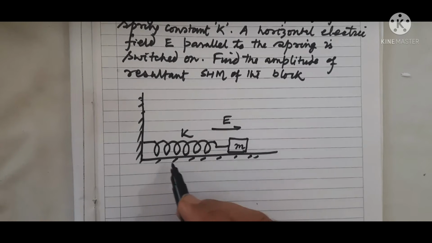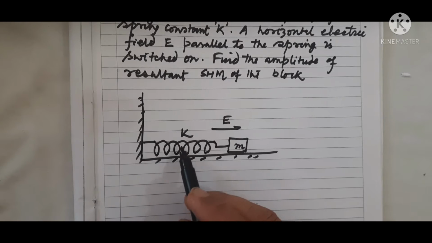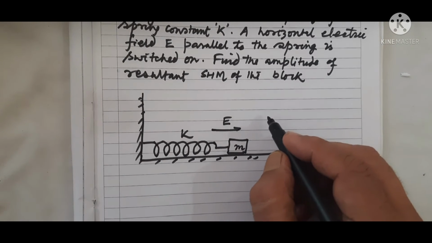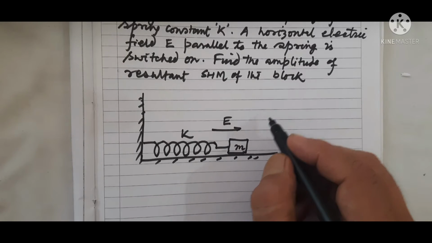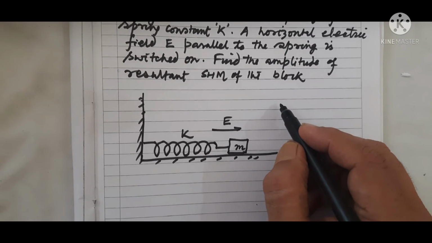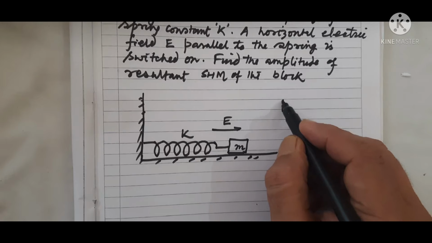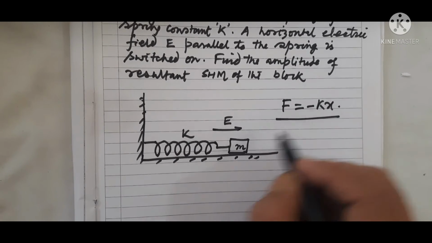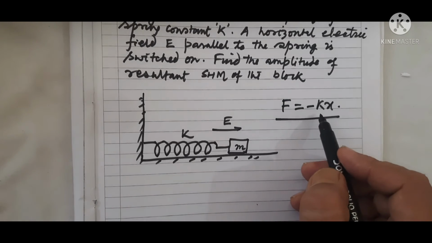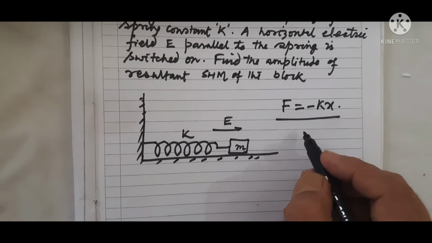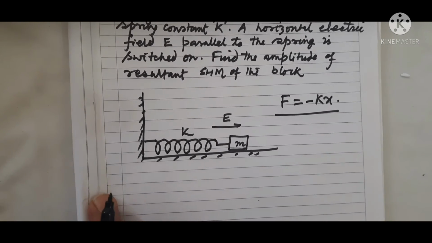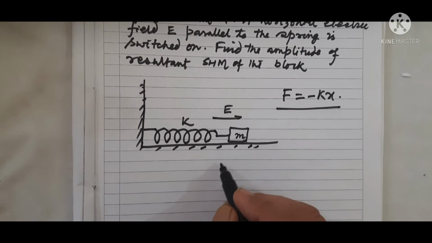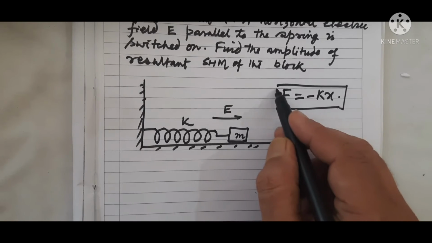The spring is attached to this block and the spring constant is k. When the spring and spring constant come into action, we know the force in this case is −kx, where k is the spring constant and x is the displacement, or rather the amplitude here. This is the main equation.